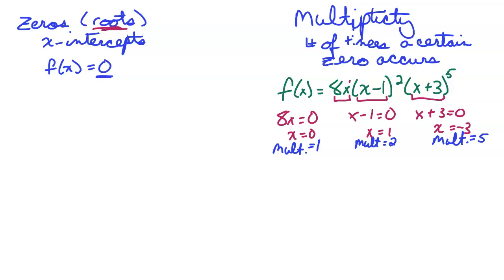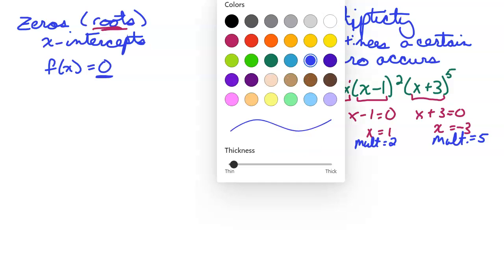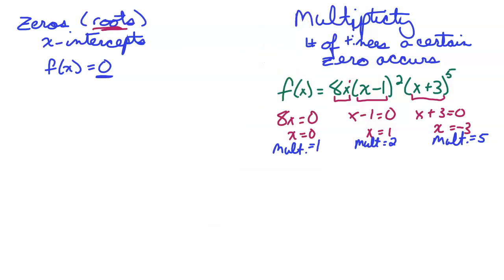It occurs 5 times. If you think about multiplying this whole thing out, f of x, and think about what x minus 1 squared actually means, that would mean 8x times x minus 1 times itself, x minus 1, and then we have x plus 3 five times.